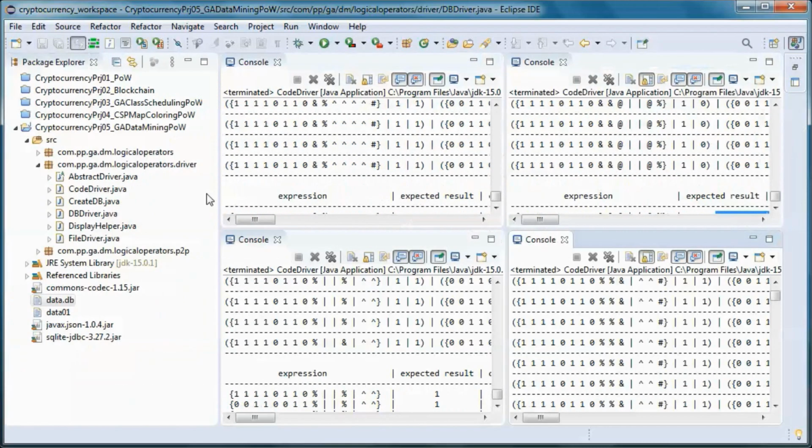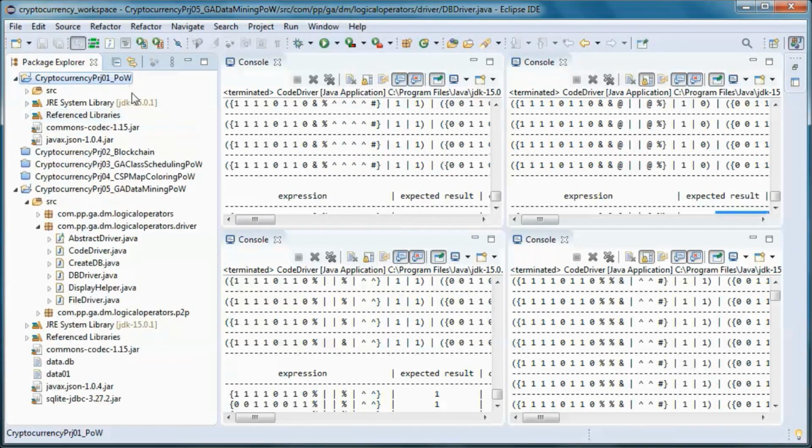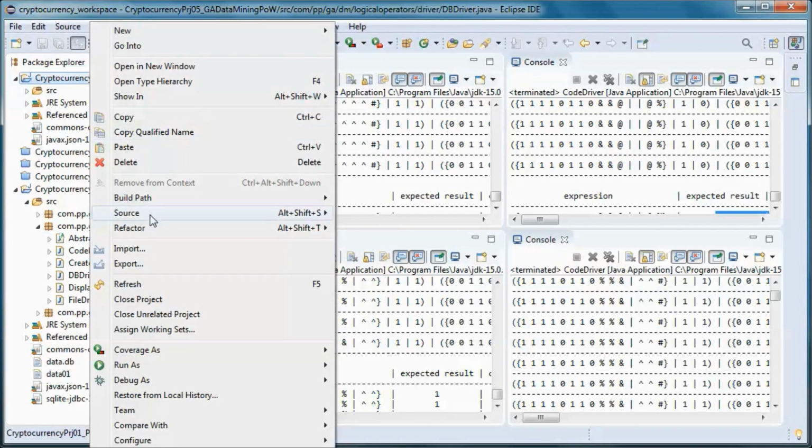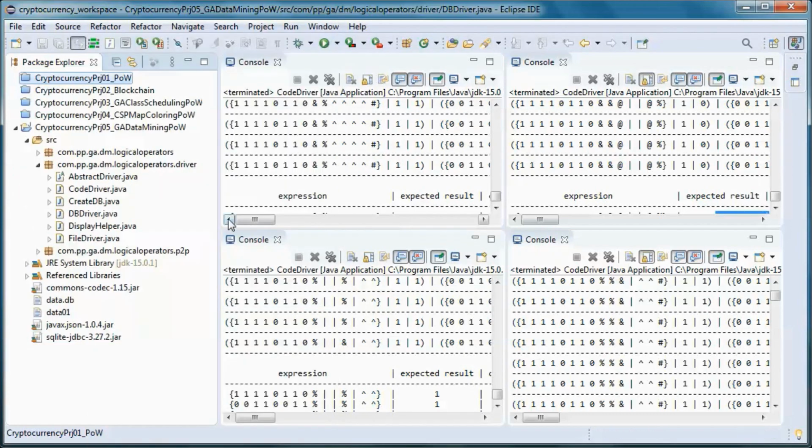So what I did here is to modify this project, the first cryptocurrency project, and I added data mining using logical operators to the proof of work.